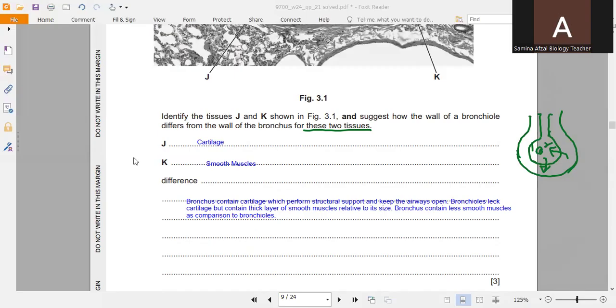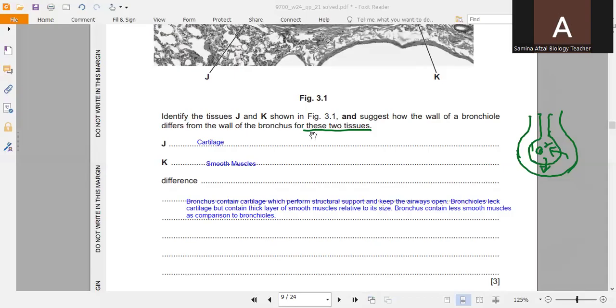Bronchus also contains smooth muscle, but compared to bronchioles, the ratio of smooth muscle will be less in the bronchus because it has more cartilage inside and bronchioles lack that cartilage. In this way, they face the difference in pressure during the gas exchange process.